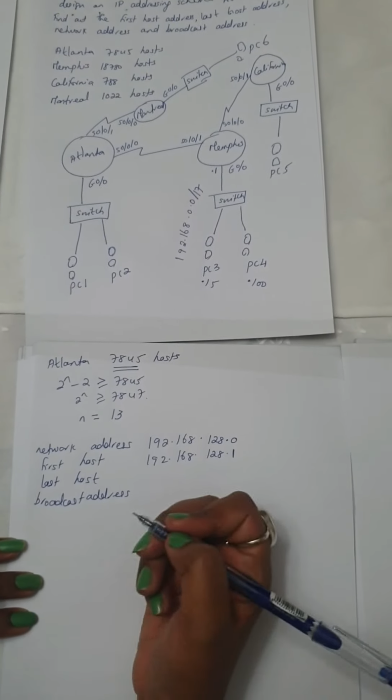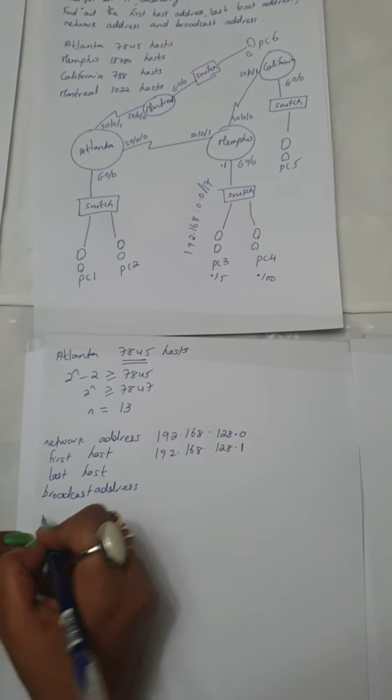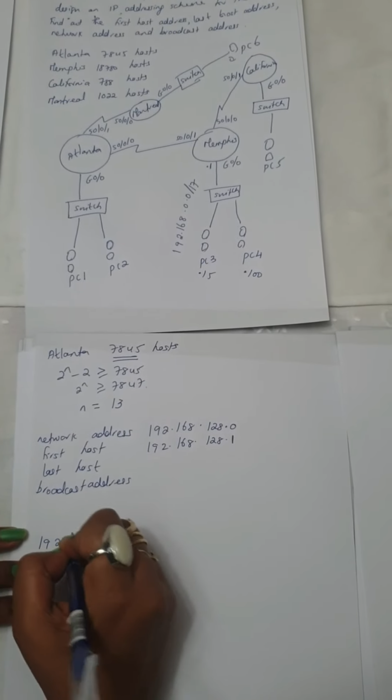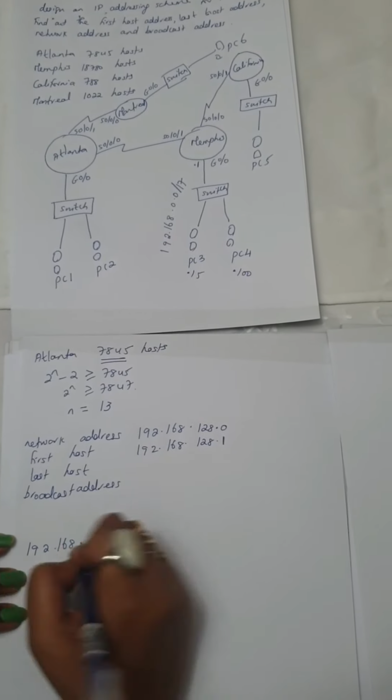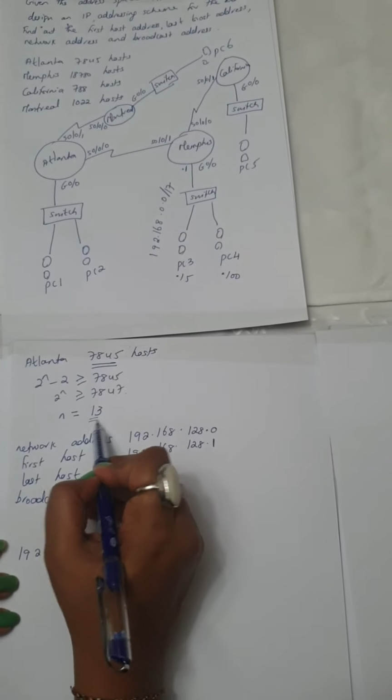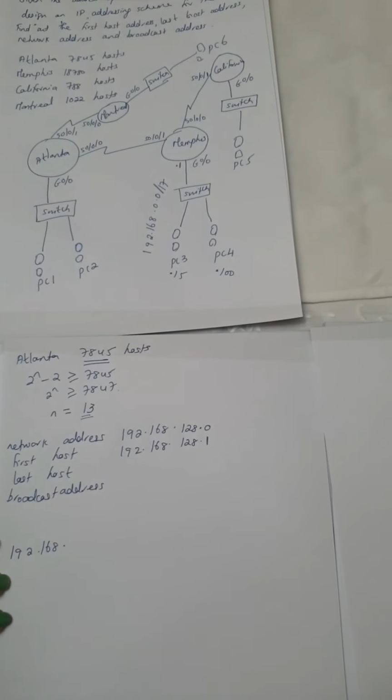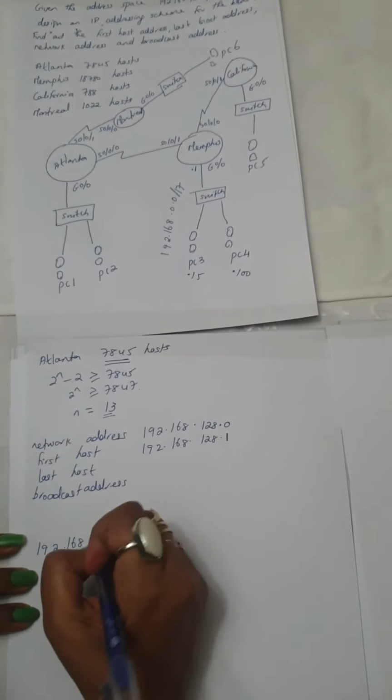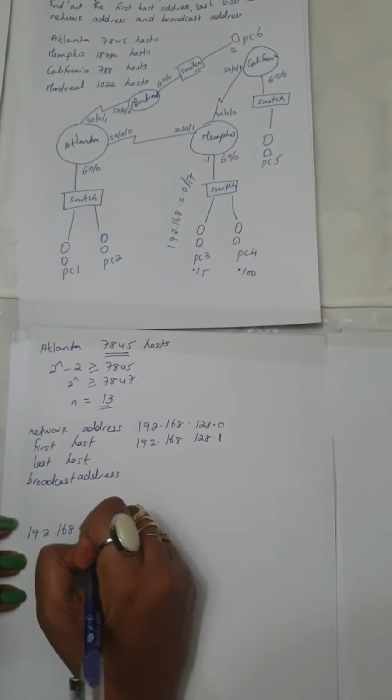The last host would be 1 before the broadcast address. Now let's calculate the broadcast address for Atlanta. 192.168. Now we know that 13 bits are host bits. So 128, the representation in binary is like this.